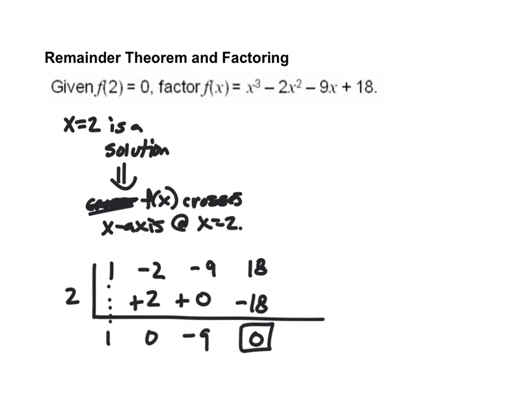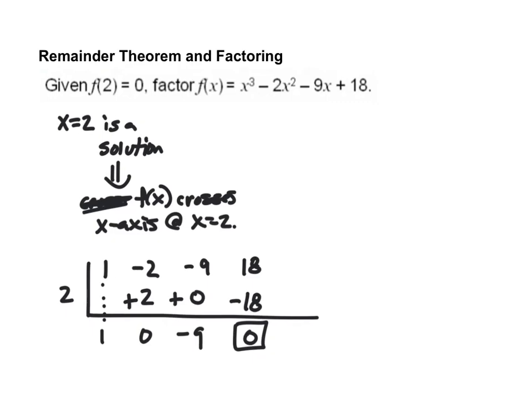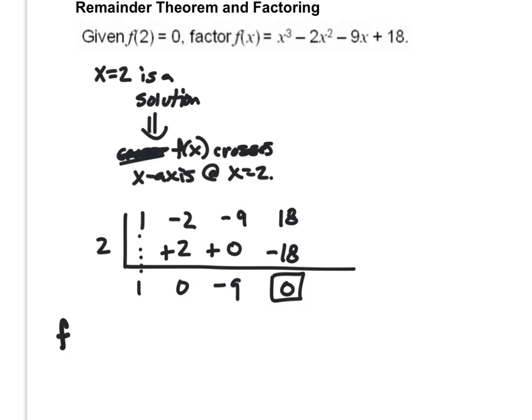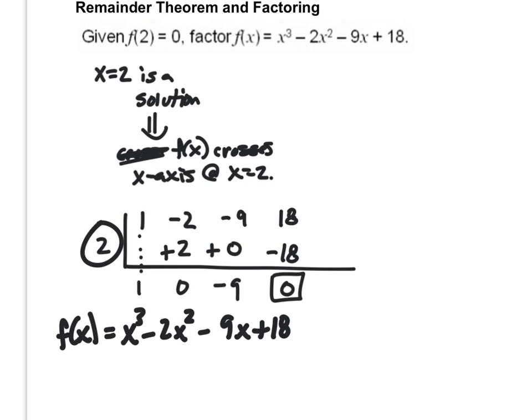So now let's think about what we had. Our function f of x is equal to x cubed minus 2x squared minus 9x plus 18. Now we've factored this. Since x equals 2 is a solution, subtracting 2 from both sides gives x minus 2 as a factor.